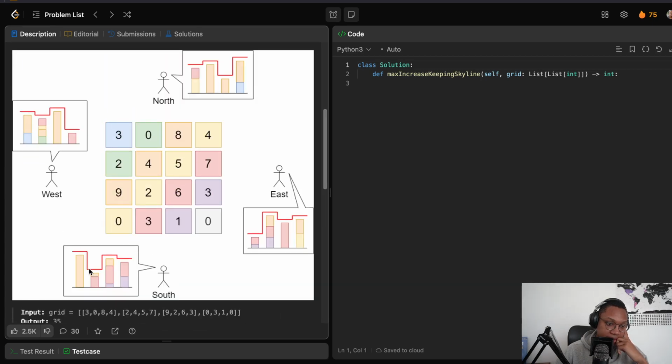0, 9. Like this 9 has to be here, right? Or is it the 0 lets you see a 9? The 3, and you can also see a 4. And then you can see the 1.